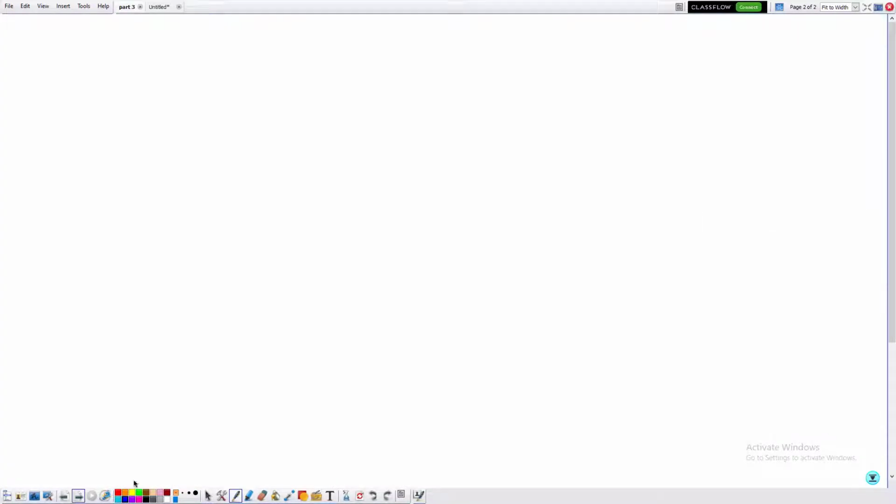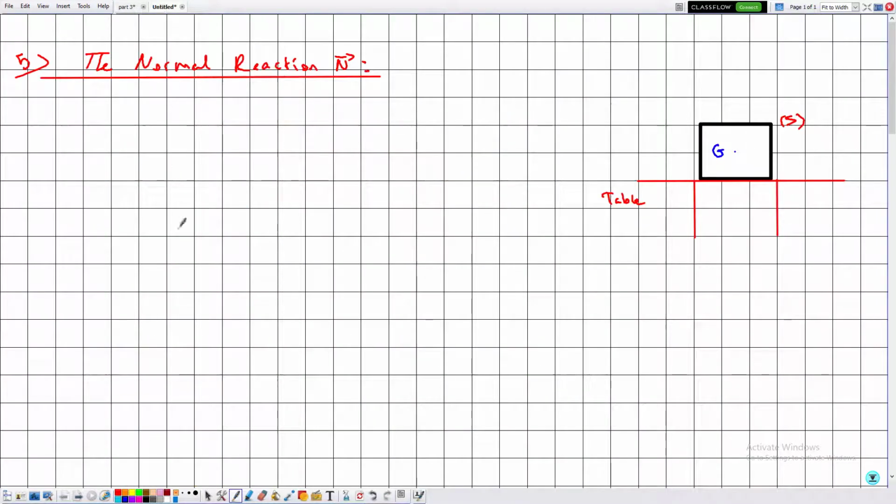Here, let's write a similar statement: S is under the action of its weight W since it has a mass.